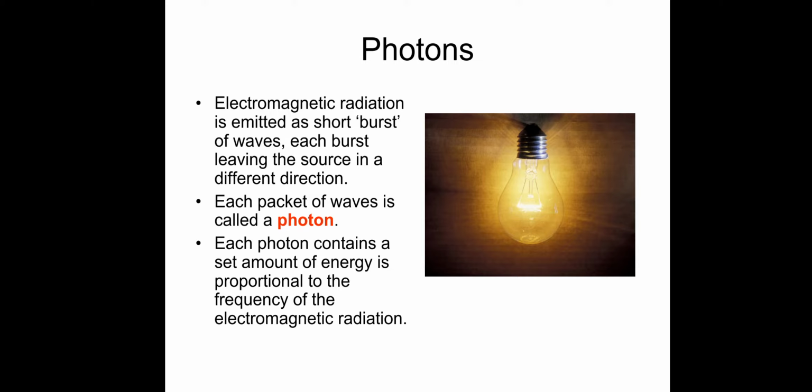So each of these packets, mathematically, you can calculate the energy as E equals HF. That's where the energy being proportional to the frequency comes from. So if you want to pause and make some notes, I'll move on. I'll explain this equation in more detail and then give 2 versions of it.